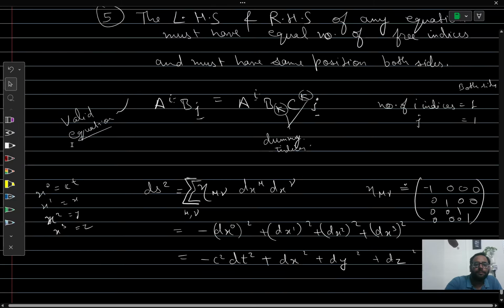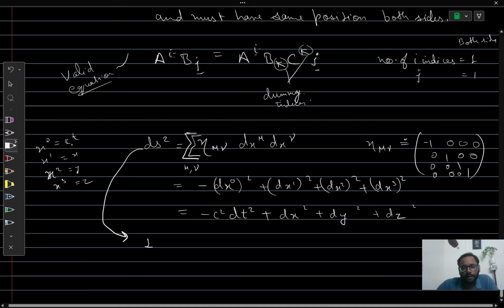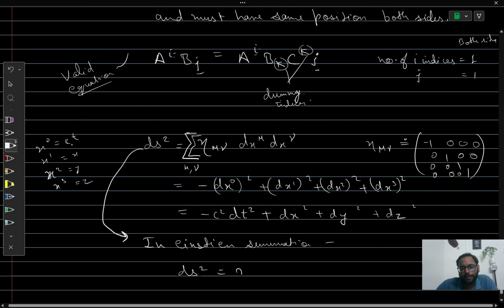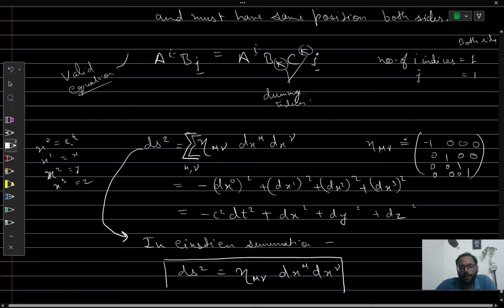But in Einstein summation, this can be written simply as ds squared equals eta mu nu dx^mu dx^nu. Notice that always in the sum, one dummy index should be downstairs and one upstairs.